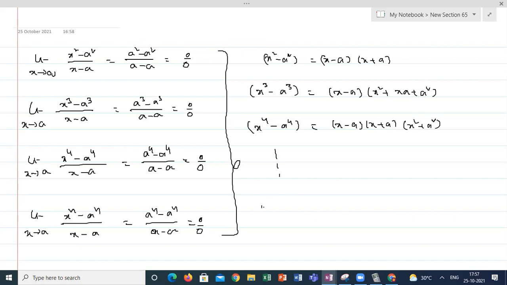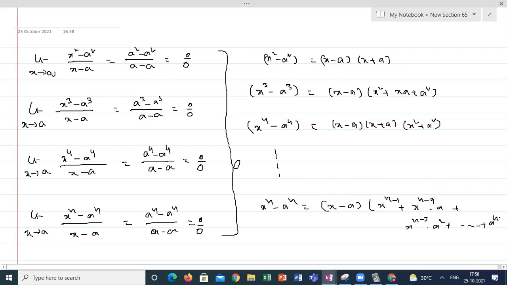Same as x power n minus a power n, x minus a is always a factor, and the remaining thing will come like this: x power n minus 1 plus x power n minus 2 into a plus x power n minus 3 into a square plus and so on, a power n minus 1.